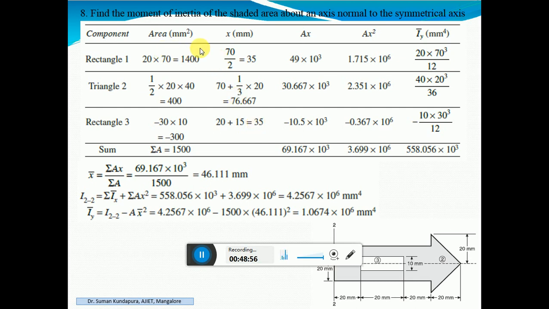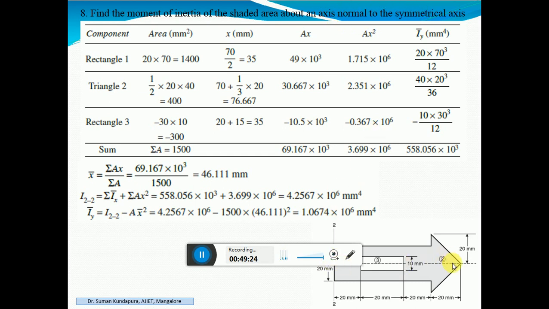So multiply the area into x, AX, and area into x squared, this one AX squared. Likewise, for all the figures you find out AX squared. And coming to Iy bar, why are we going for Iy bar? Because we are supposed to find the moment of inertia of the shaded area about an axis normal to the symmetrical axis.